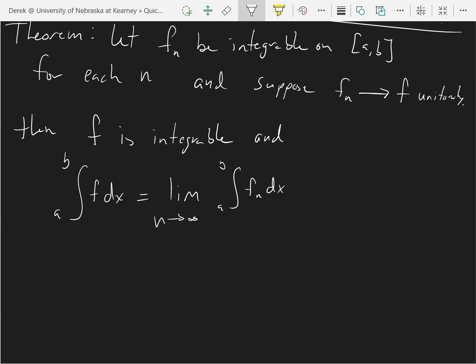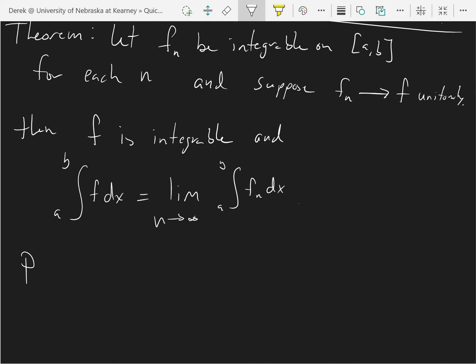So uniform convergence gives you that the limit is integrable, and that it's what you would expect it to be. It's the limit of the integrals.